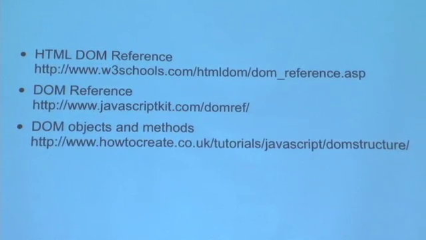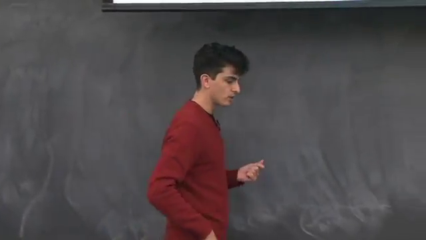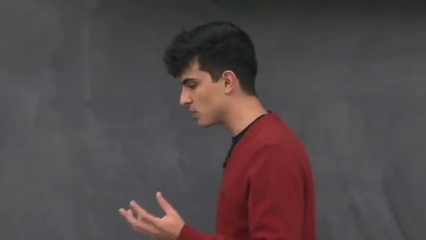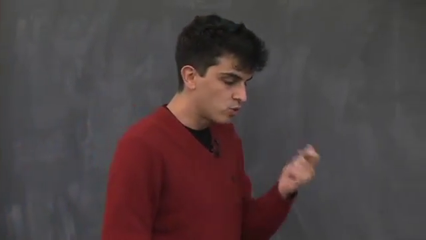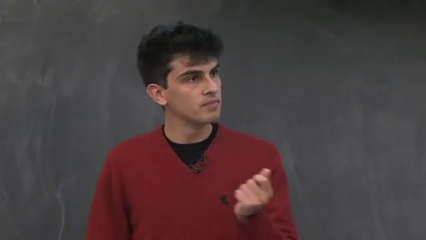So there are these resources available, and about 14, 15 years ago or so, Microsoft in their Internet Explorer web browser actually created a new object that allows us to modify the DOM, but also allows us to retrieve information from somewhere else.